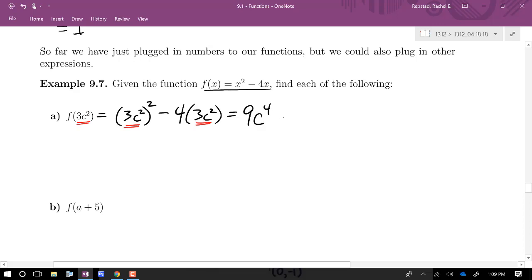And 4 times 3c squared? Minus 12c squared. Yes. We could factor it if we felt like it, but this is equal to f of 3c squared.